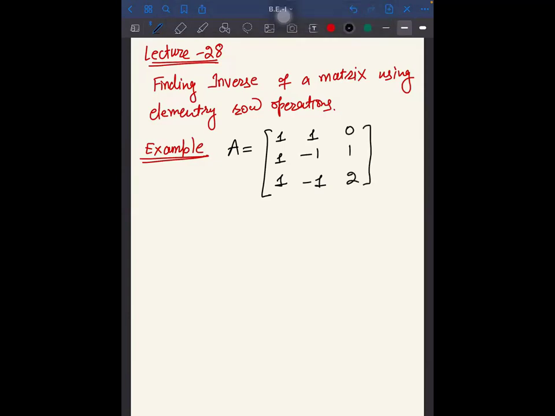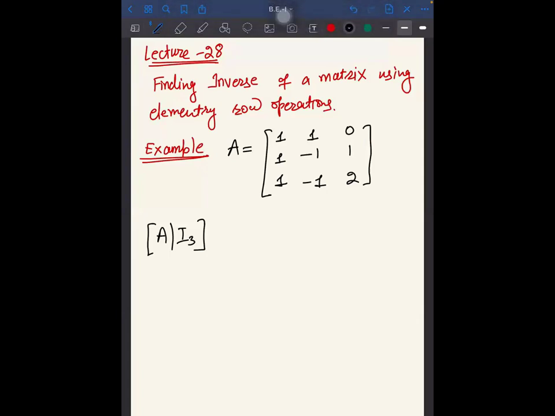We always start with the matrix A and the identity of the same order, and then we implement row operations in such a way that our A is replaced by an identity matrix. And the other side, whatever matrix we get, will be nothing but the inverse of the given matrix.